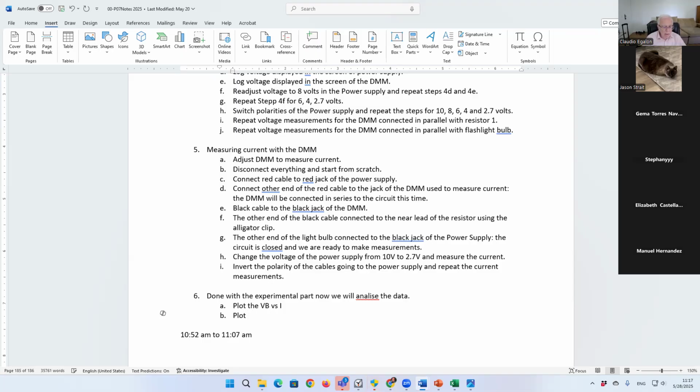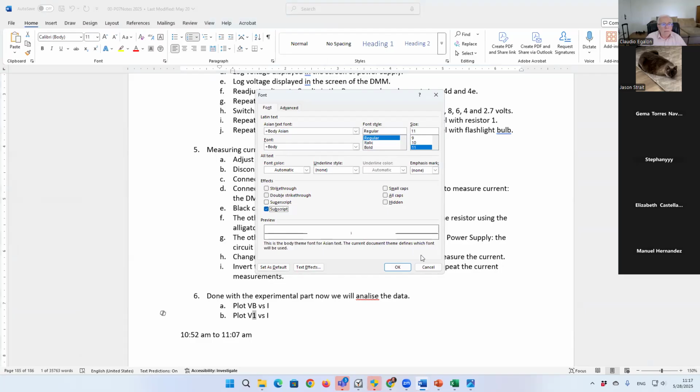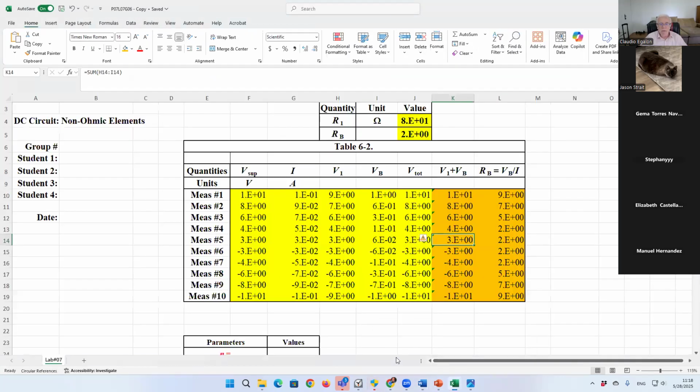Plot V1 versus I. V1 is the measurement done with the resistor, right? Which is an ohmic element. So let's plot V1 versus I first, and then we plot the other one. And let's see if it works. Here we go, V1 versus I.